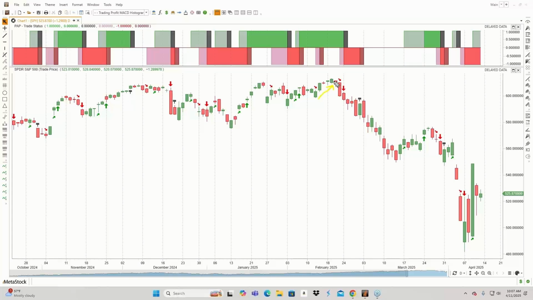But I think more importantly, kind of opposite to what we talked about in an uptrend, you'll start to see a series of lower highs and lower lows. Okay, so this is just a good indication of a shift in the supply demand curve.